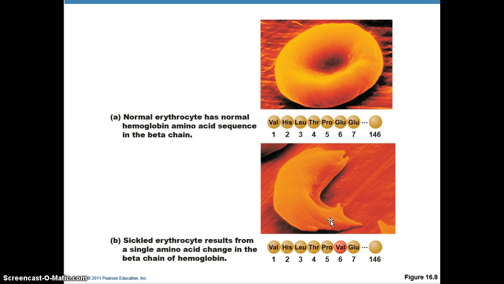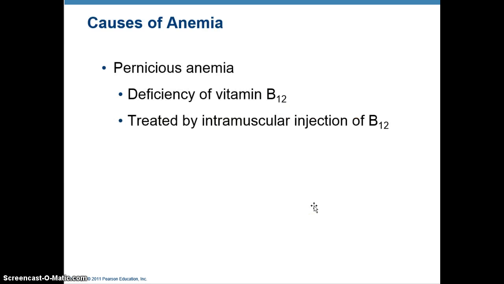So it's interesting, at least to me, you have this one substitution or mutation where normally you have glutamic acid, and that gets substituted with valine, and you go from normal hemoglobin and a normal shaped red blood cell to abnormal hemoglobin, which somehow affects the shape of the entire red blood cell. The last type of anemia is called pernicious anemia, which is caused by a deficiency in vitamin B.